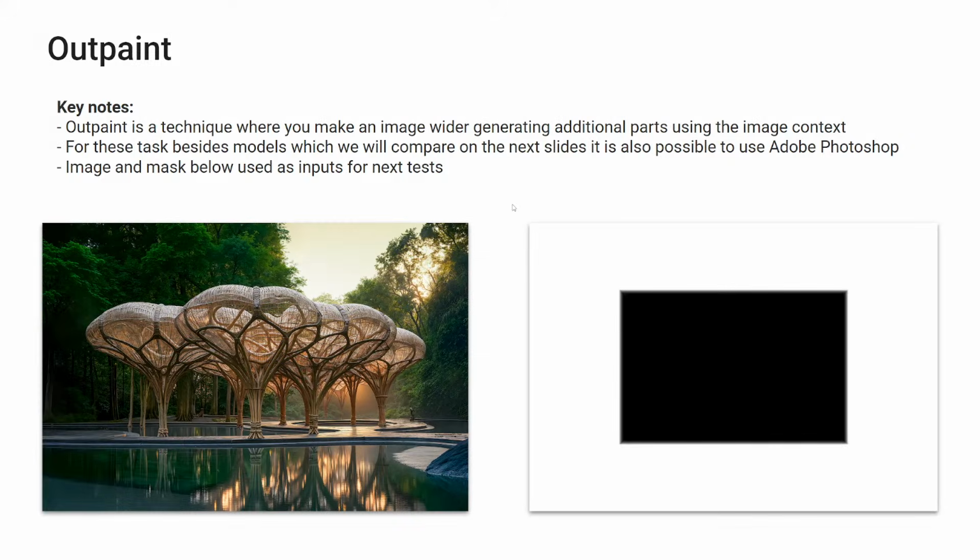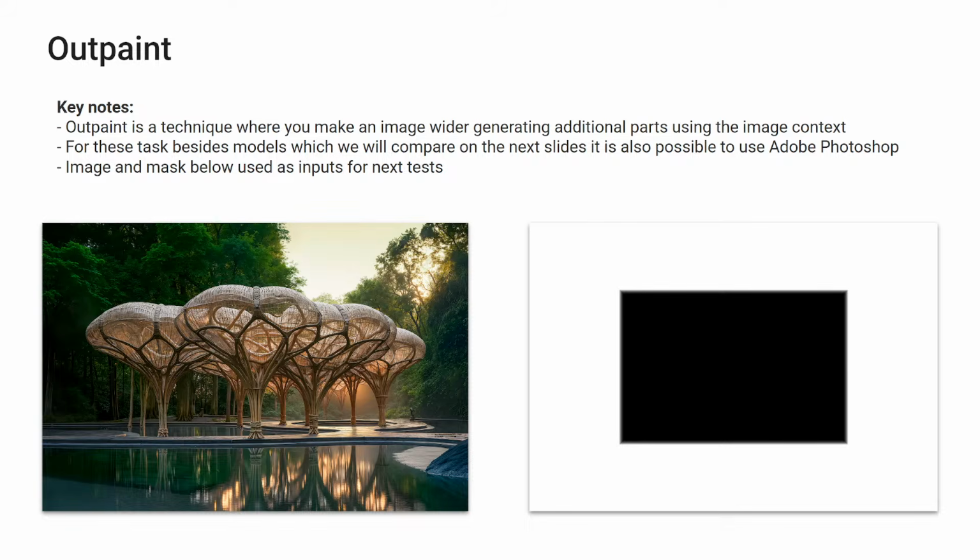Outpaint. It's similar work to Inpaint, but in this case you need to expand your image to make the borders wider, kind of zoom out your image. This area is your original image, and the white is the new part which should be added. Of course, it's also possible to use Photoshop for that.